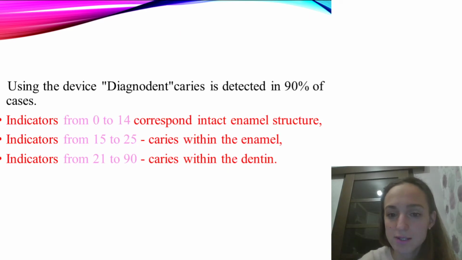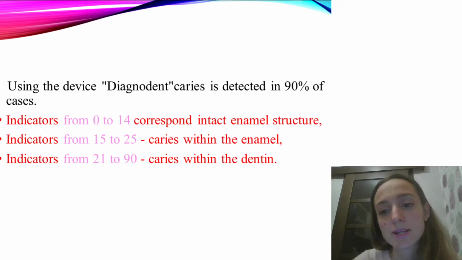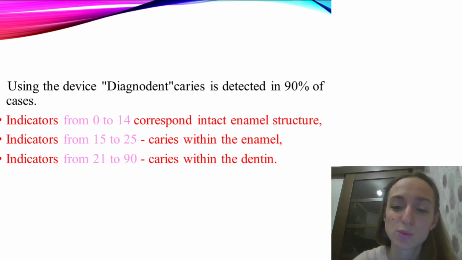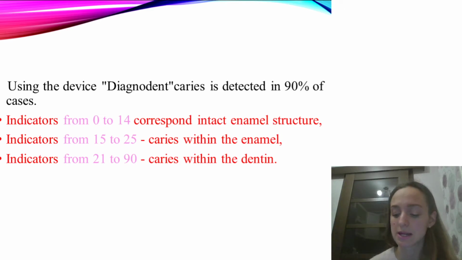Using the device, caries is detected in 90% of cases, and you can see values from 0 to 14, from 15 to 25, and from 25 to 90, which correspond to intact enamel structure, then caries within the enamel and caries within the dentine.